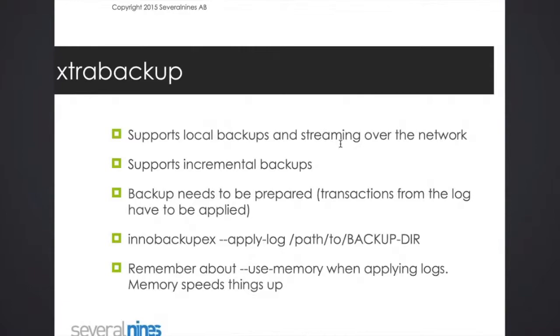xtrabackup supports local backups or streaming over the network, so you can either store the backups locally on the node, or stream them over the network to some other location. It supports incremental backups, which is a really great thing to have. If you're using physical backups and you make a copy of your dataset, for 1 terabyte of data that you want to keep for a week, you will need 7 terabytes of disk space.